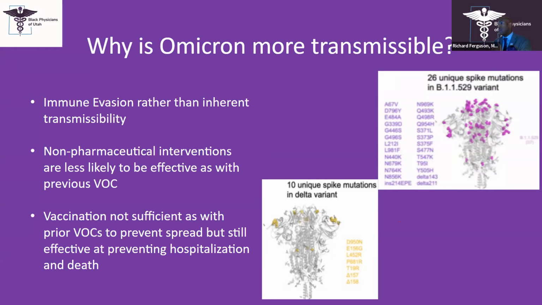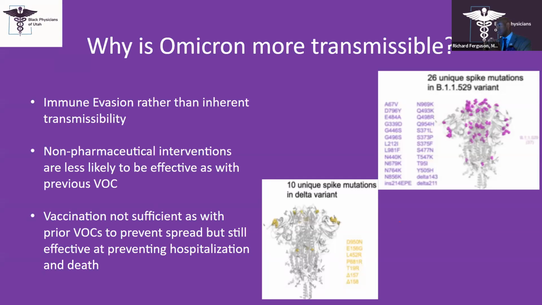Because it has so many variations, it's hard for the antibodies to have that special tight fit around it to block it from entering our cell, or to stick onto it to then tell our T cells to attack it. It's very difficult for them to do that. It's also so evasive that the vast majority of monoclonal antibodies, your Regeneron and others, do not work at all.